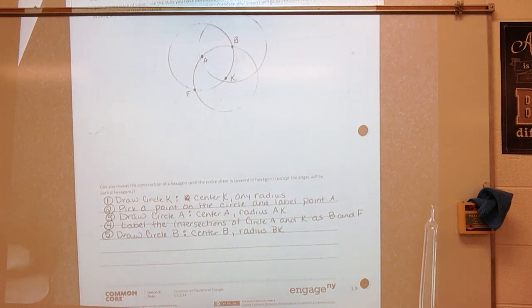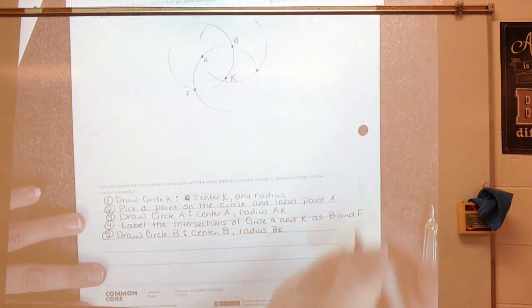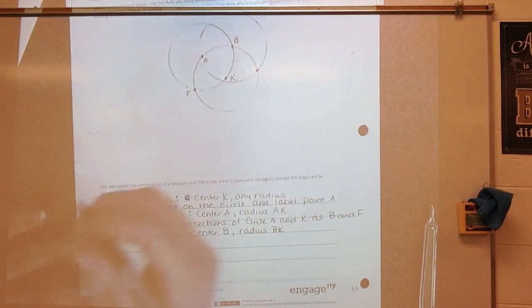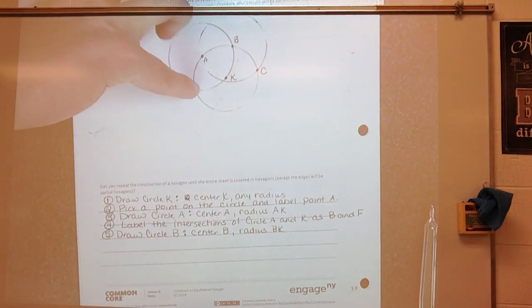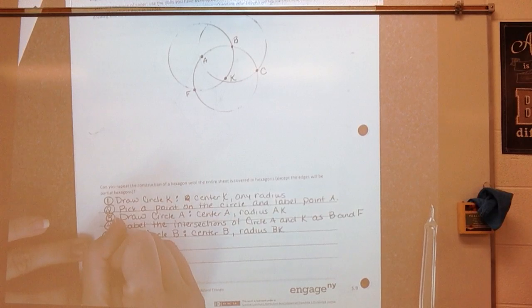All right, so now notice I have an intersection here of circle B and circle K. And I'm going to label that C. I've got 1, 2, 3 of my sides drawn for my hexagon.